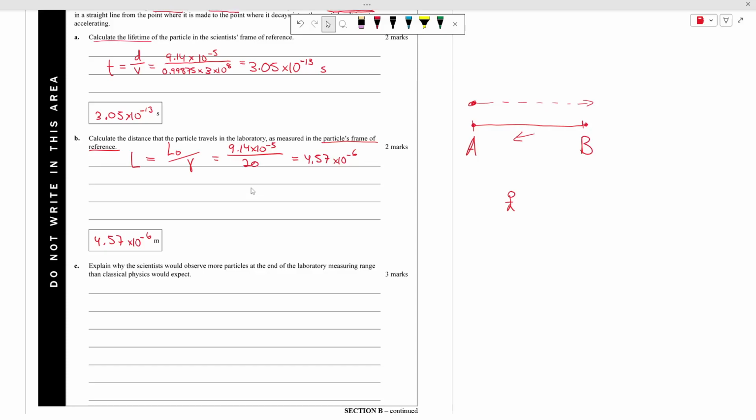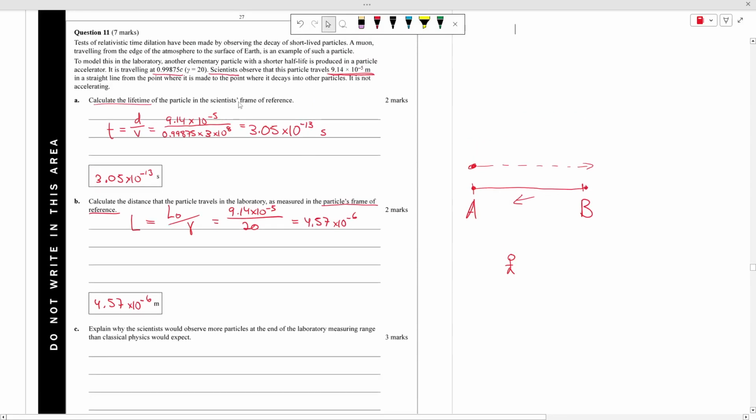All right. The other explanation would be in terms of time dilation. From the muon's reference frame, it hasn't actually been calculated here. But if we were to calculate the lifetime of the muon, we're basically going to use this distance and the speed here to work out the time it takes for the muon to decay in the muon's reference frame. And it will be shorter than this answer up here.